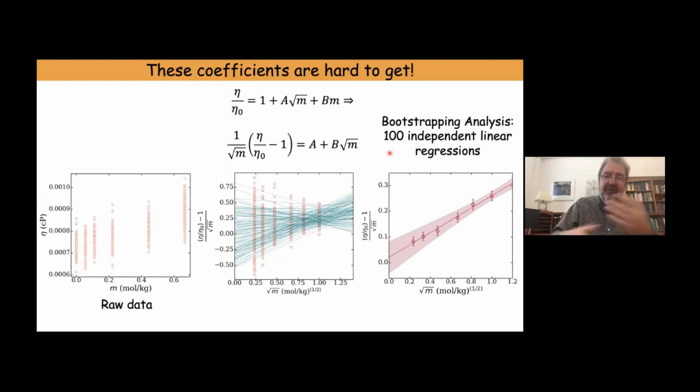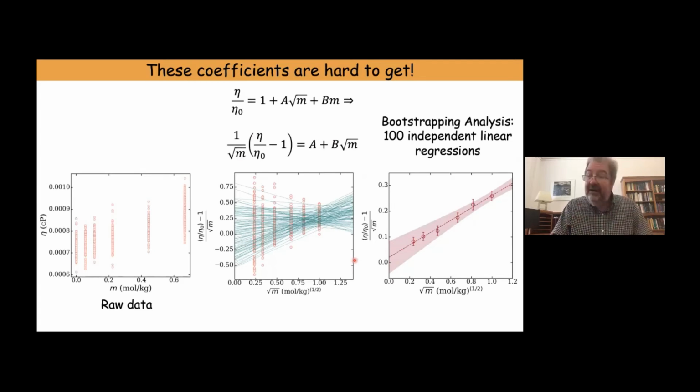If you do all of that, eventually you're able to get this type of behavior, where the term on the left side gives you the A coefficient, which we cannot really get very accurately. It has quite a bit of uncertainty. But the B coefficient, the slope, we get quite well from the simulation data, provided you're willing to spend a lot of effort doing it.